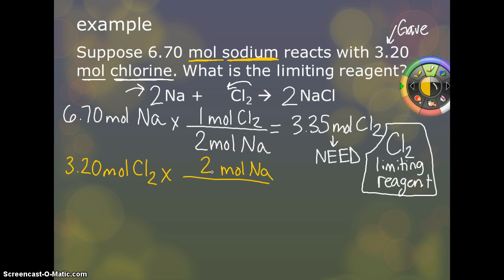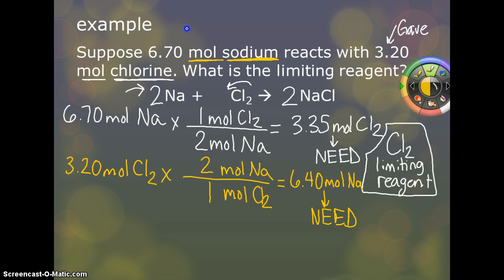Coefficient is 2. And the moles of chlorine is going to go in the denominator, and that has a coefficient of 1. So 3.20 times 2 is going to give you 6.40 moles of sodium. So this is how much sodium you need.